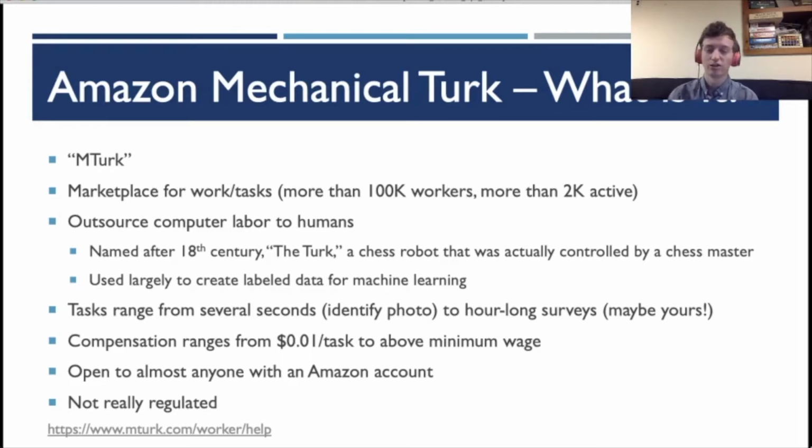You might also hear it called A-Turk, or Amazon Turk, or Amazon Mechanical Turk, all the same thing. It's a huge marketplace for people to publish work and jobs, and it has over 100,000 workers, usually with more than 2,000 actually on the site at any time. The idea is to outsource computer labor to humans, going back to the artificial intelligence idea.